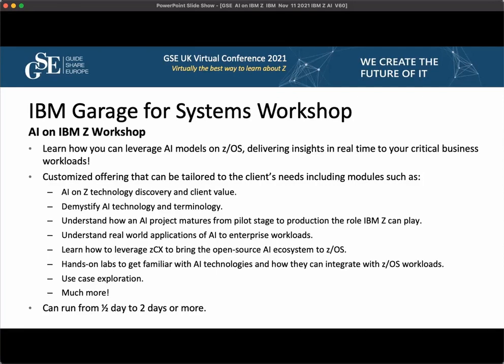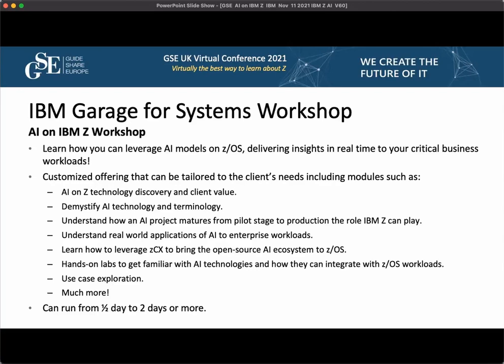For example, if you want to start to brainstorm about AI use cases and how AI can benefit your enterprise, and then move on to the technologies that you can deploy to help you implement that use case. And then if you wanted to get hands-on experience with TensorFlow or Watson machine learning on z/OS and so forth.